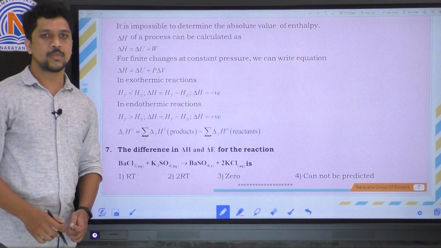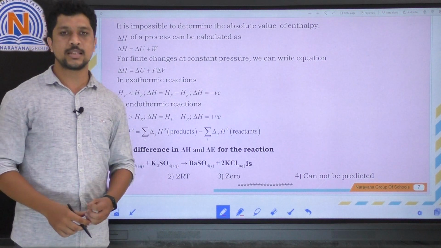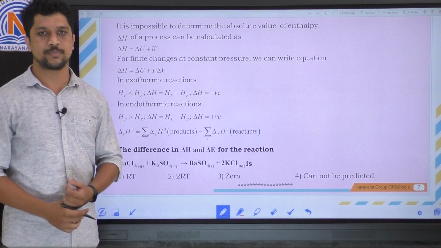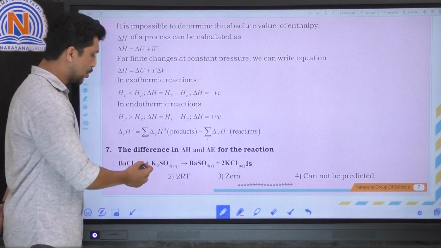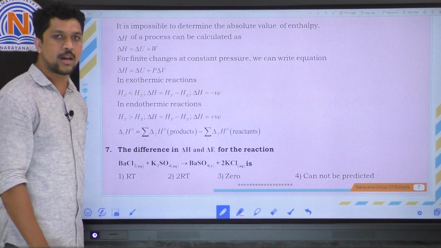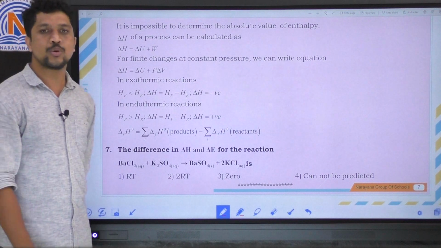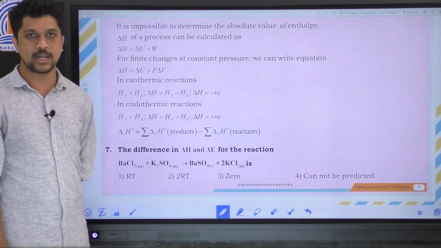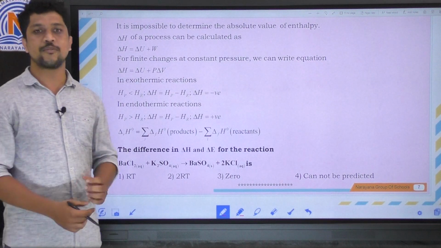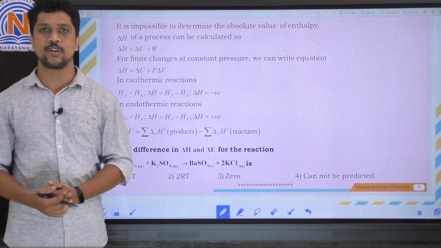Here the question: the difference in delta H and delta E for the reaction. They have given a reaction, BaCl2 aqueous solution reacts with K2SO4 aqueous solution, producing BaSO4 solid and KCl aqueous solution, right? We need to find the difference in delta H and delta E for the reaction.